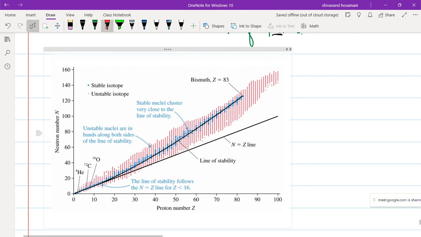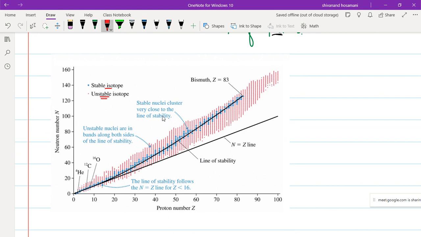Reds are unstable isotopes, and blue dots are stable isotopes. As I told you, the line of stability follows Z less than 16. If you go to the lighter nuclei, like helium, carbon, oxygen, they are going to follow the straight line. But when you go to the higher nuclei, they are going to deviate. This is exactly the deviation from the stability curve.